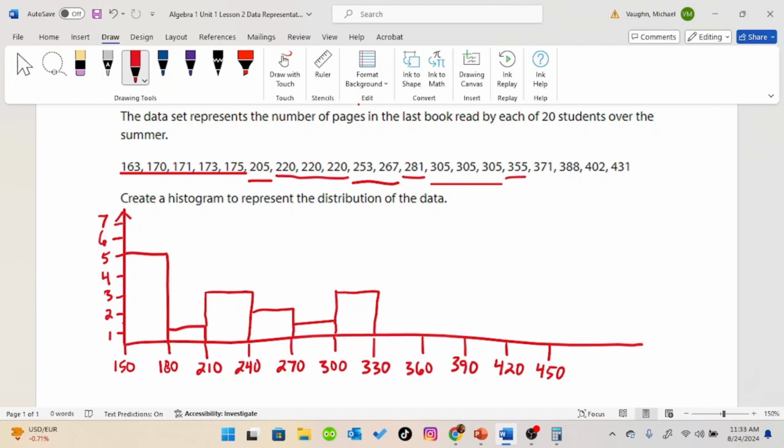That only happens once. So we find 1 to the left. This one is only going to be 1 tall. Then we need numbers that are at least 360, but less than 390. That happens twice. So we find 2 to the left. This bar is going to go up to 2.